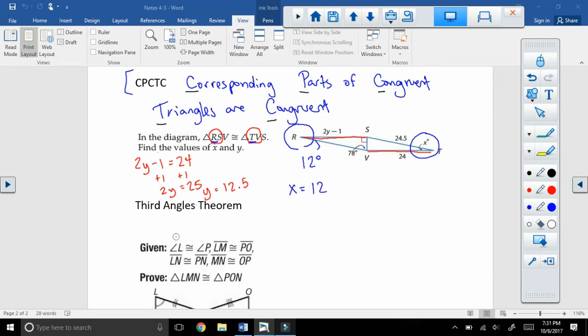The next thing, the last theorem in this section, is called the third angles theorem. And we actually just used the third angles theorem indirectly with just this one triangle.